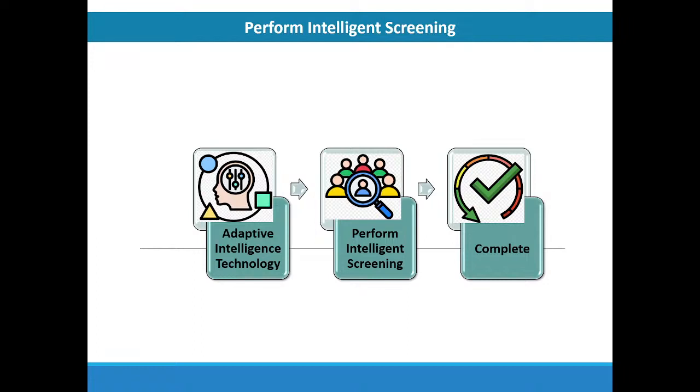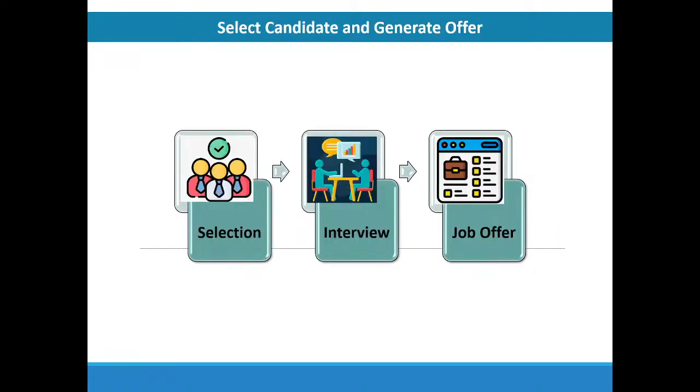So now let's go to our next phase, which is select candidate and generate offer. After identifying the top recommended candidates, the next step is to map them to the vacancy and interview them. Developing the screening process includes crafting powerful interview questions and trial tasks for the candidate.